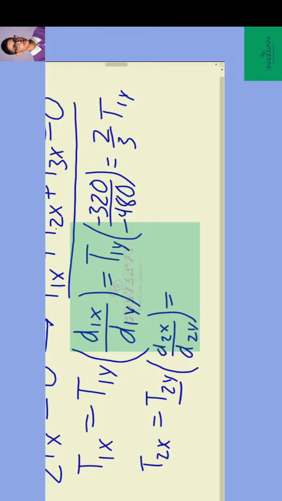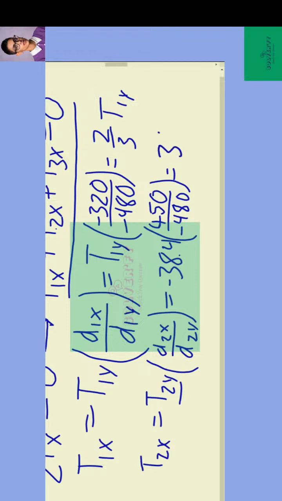And again, we know T2y directly, calculated it earlier, that is negative 38.4 newtons times our x dimension, 450 millimeters, over our y dimension, which is negative 480 millimeters.